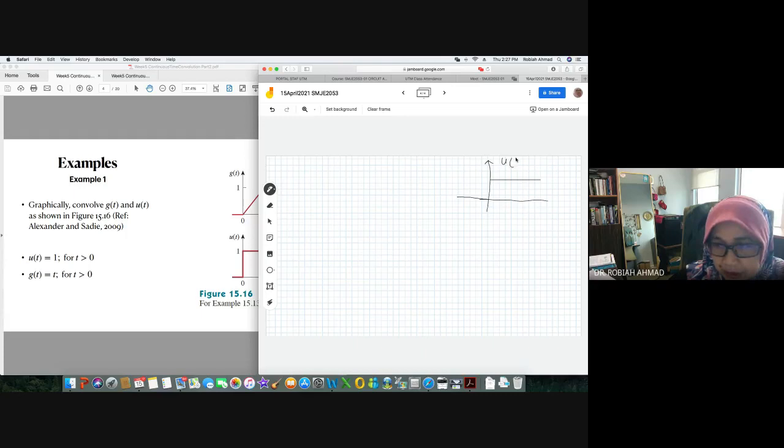When we say u(t), it means that after 0 the value is 1. But then let's say I have u(t) minus u(t minus 4), for example.